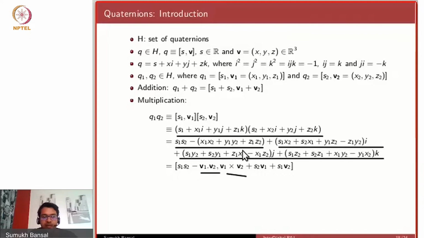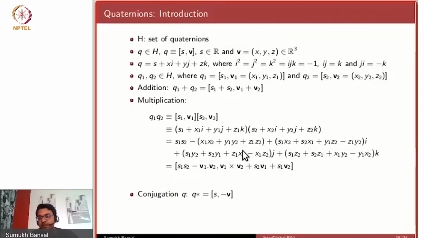Now another important operation is conjugation. Conjugation intuitively is similar to reversing whatever a quaternion is doing.